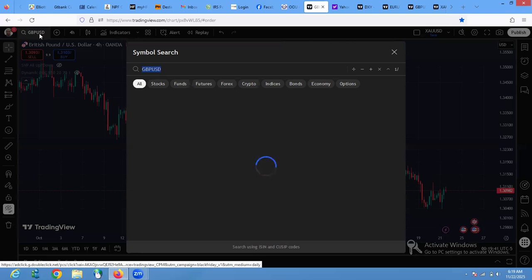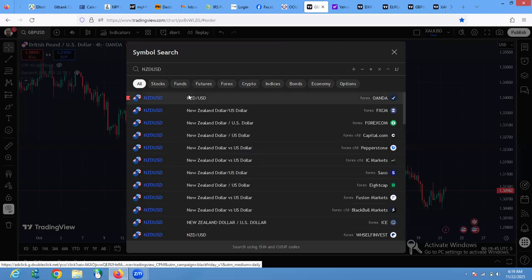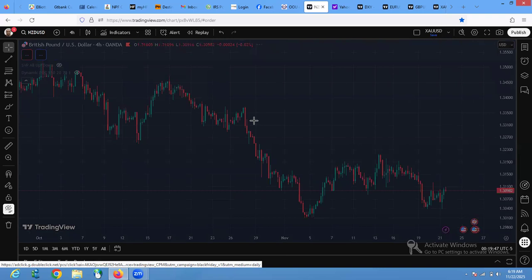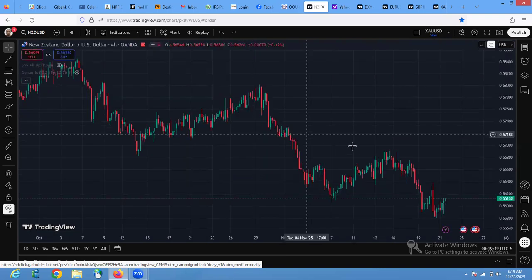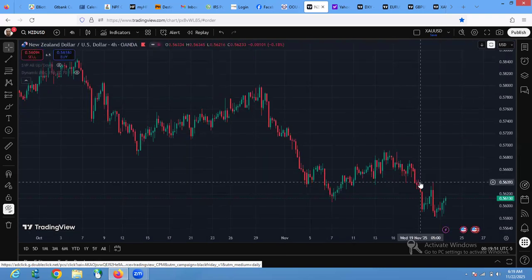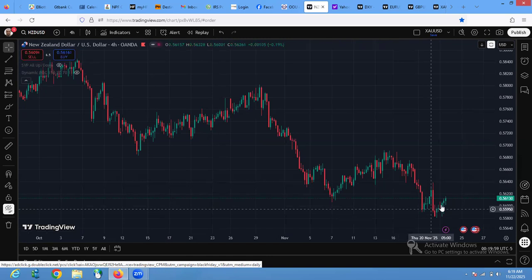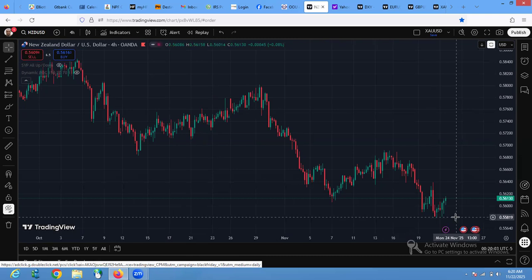NZDUSD also, a break above 0.56400 means that this is the bottom. Otherwise, we may still go down one more last time before we go up.